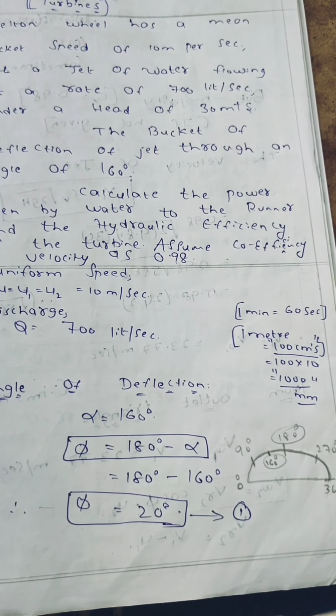Head H equals 30, as given in the question. g equals 9.81, acceleration due to gravity, and 2 is in the formula.